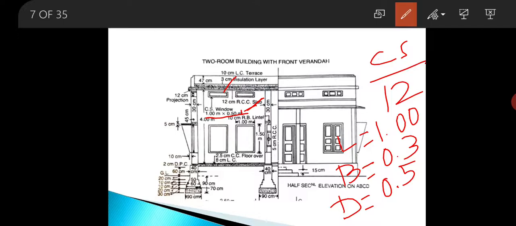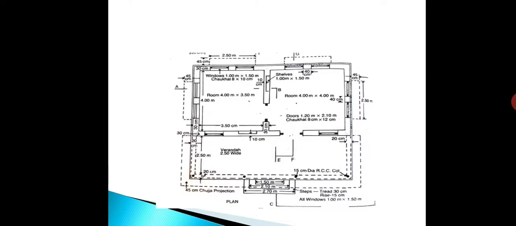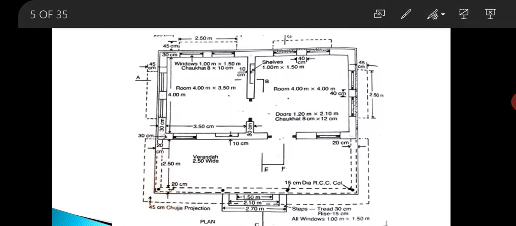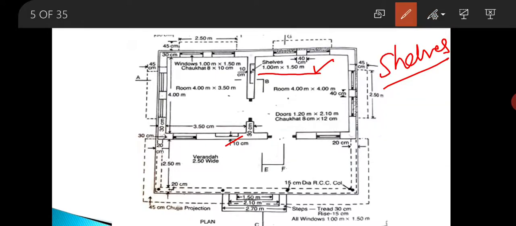Then we will move to the shelf. Next we will do the deduction for the shelf opening. There are two numbers of shelf which is of size 1 meter by 1.5 meter. See here, this is the size of the shelf.